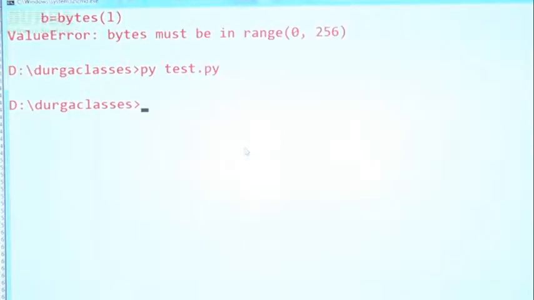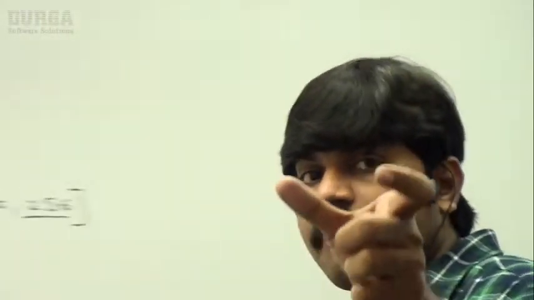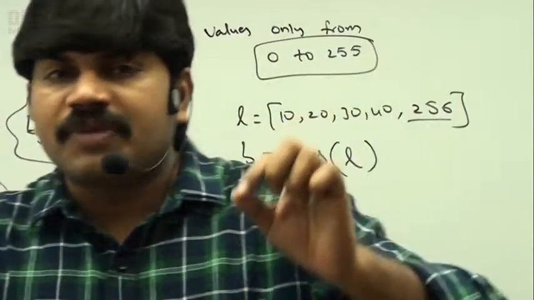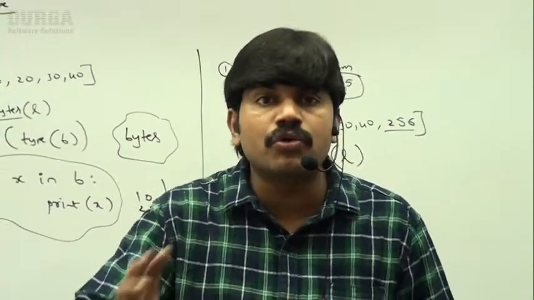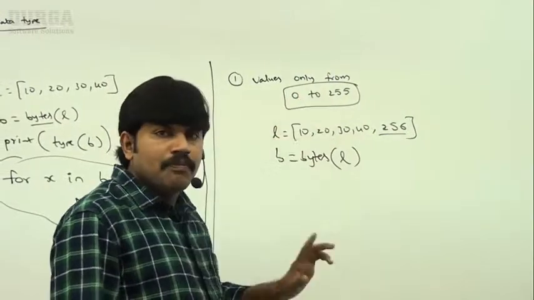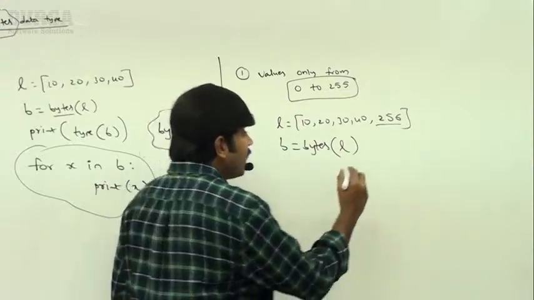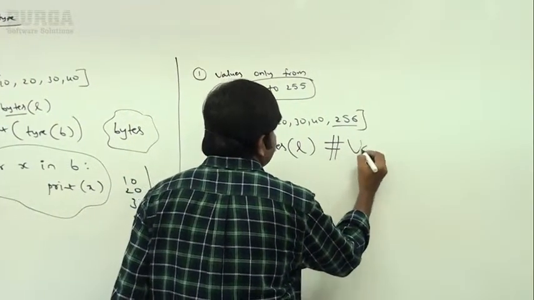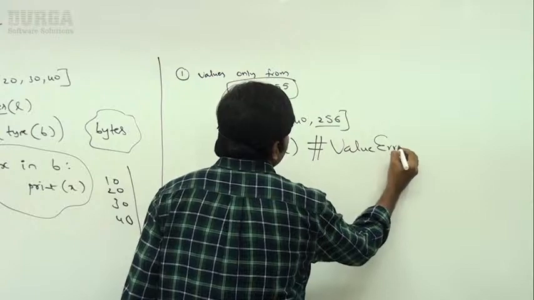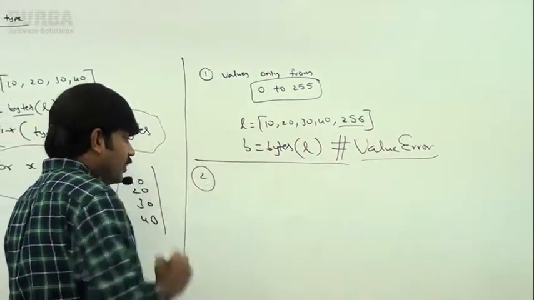Up to 255 it is allowed, sir. If you are taking 256, 257 or any other value, immediately we are going to get an error. So conclusion 1: in the bytes data type, the values must be within the range 0 to 255 only. Other than that, which error are we getting? Please spell out. ValueError. This is the first conclusion we have.